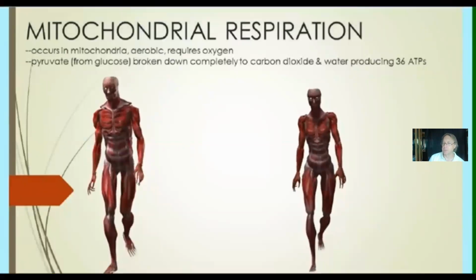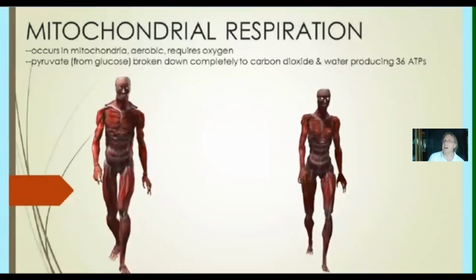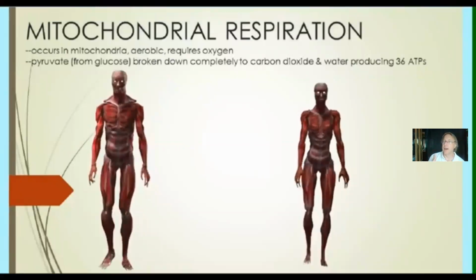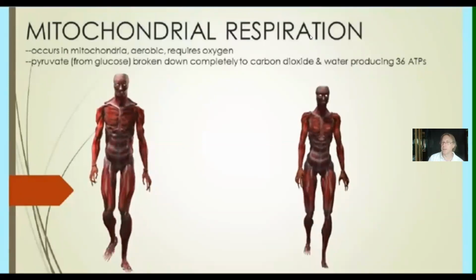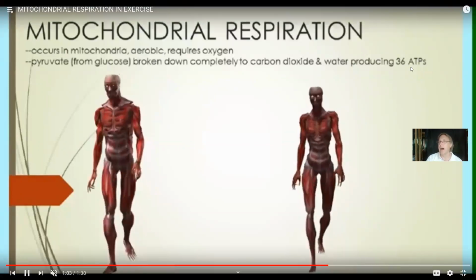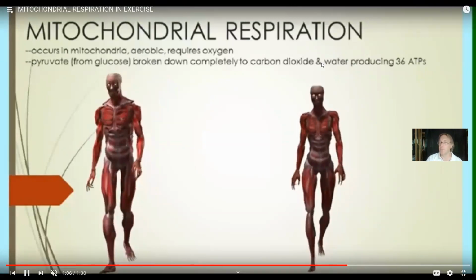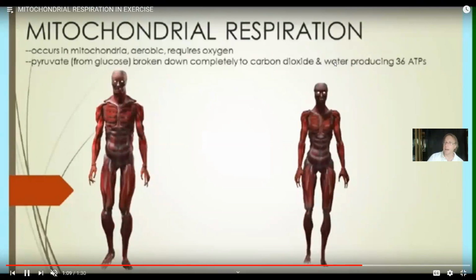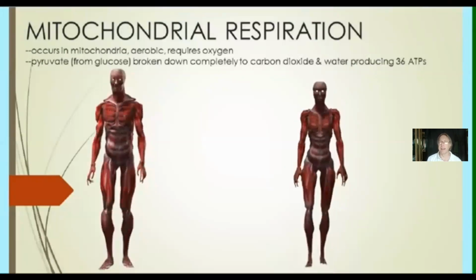As my muscles require ATP, because I'm getting oxygen to my muscles, I don't have to stop at glycolysis, step 1. I can now go to mitochondrial respiration, where instead of making 2 ATPs and building up lactic acid, I'm making 36 ATPs and now producing carbon dioxide and water. Carbon dioxide can come out my nose, water I can get rid of a couple of ways, and so I'm not building up lactic acid.